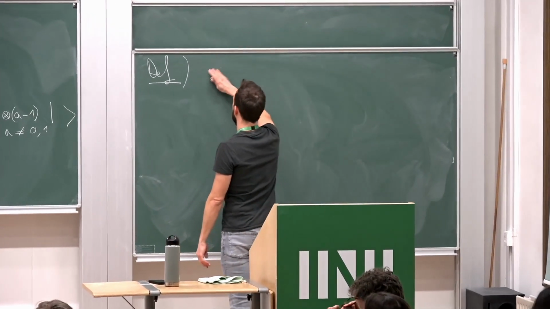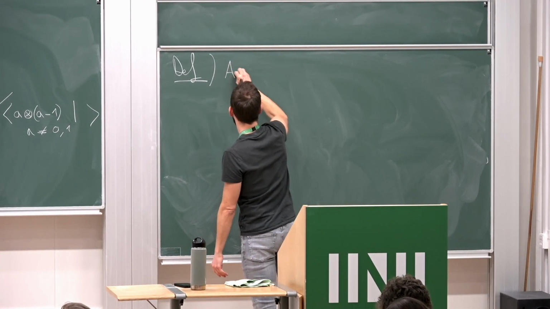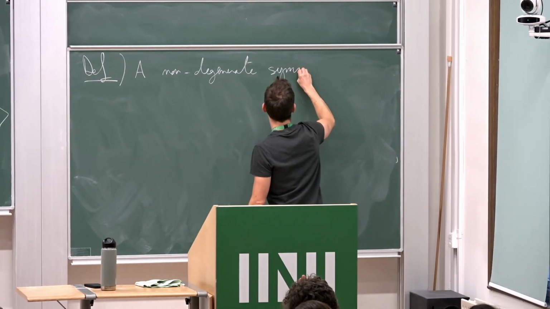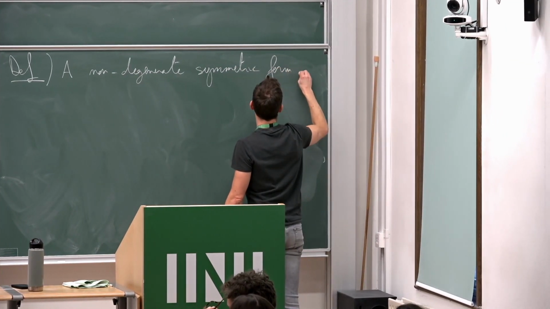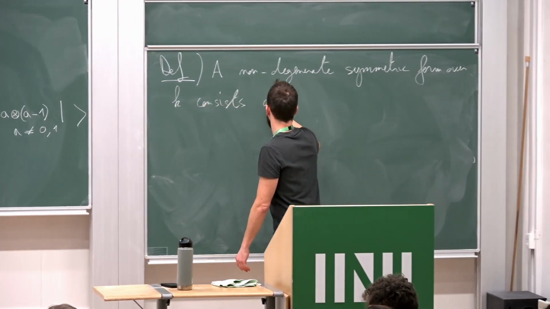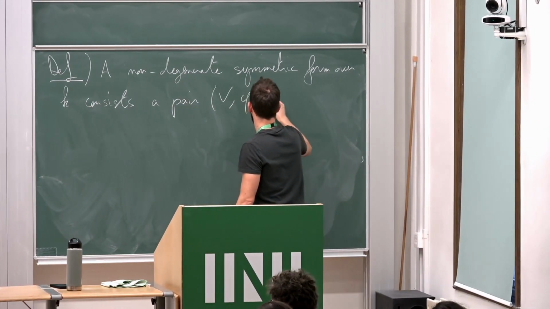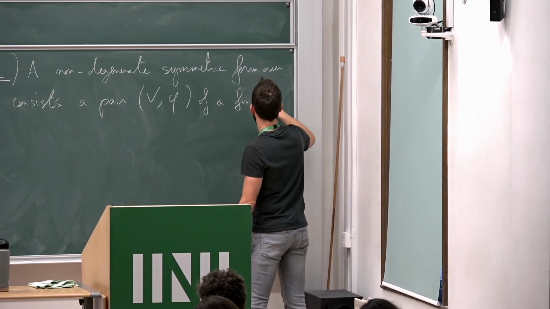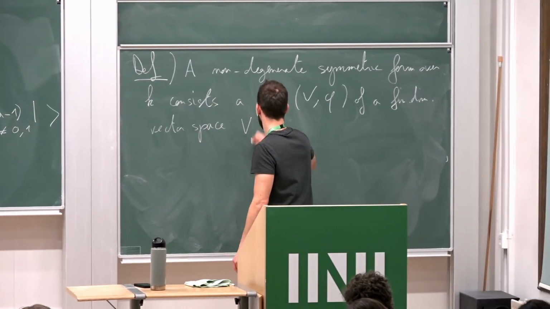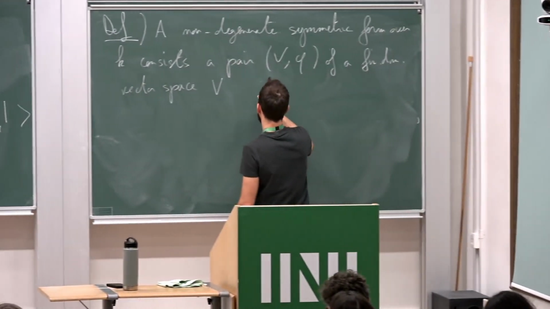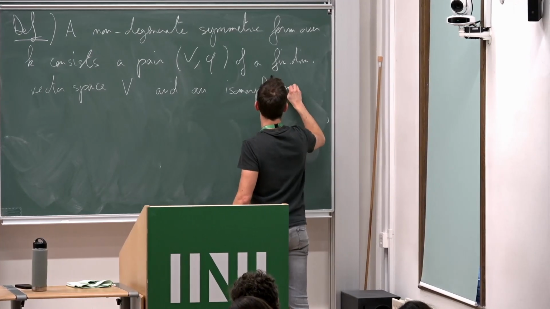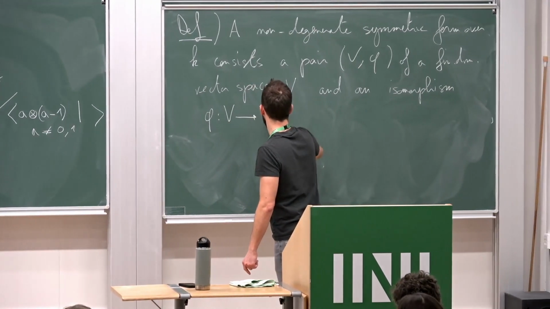Let me remind you the definition of a form from linear algebra. A non-degenerate symmetric form over K consists of a pair of a finite dimensional vector space V and a form on V, which is an isomorphism phi from V to V dual.